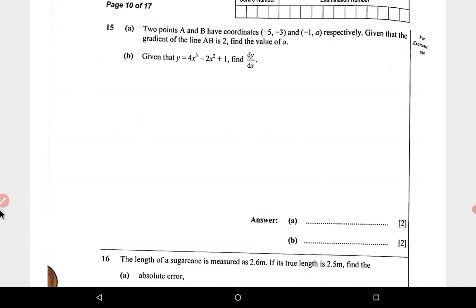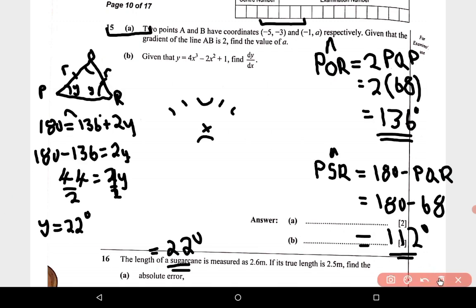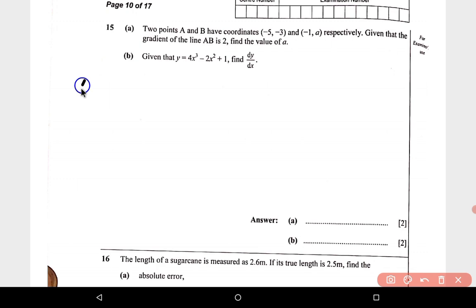So you have -5, -3, which are x1, y1, and then there you have -1 and a, which will be x2 and y2.